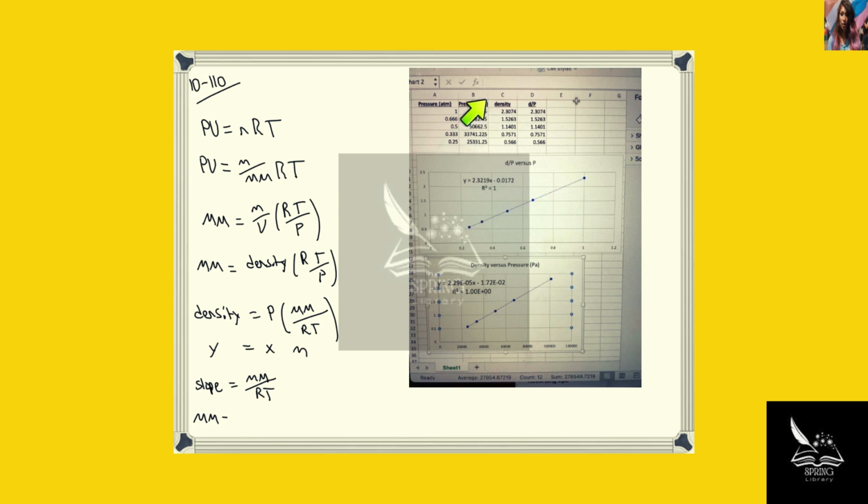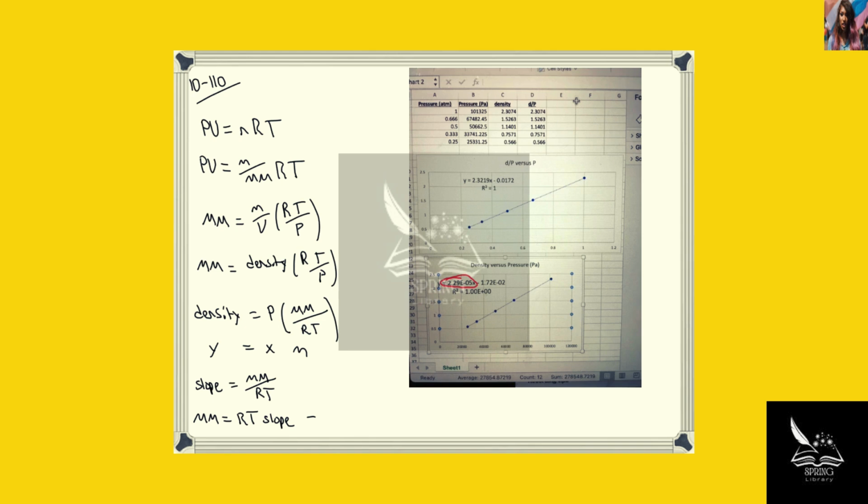And then I plotted the density as a function of pressure. And that's what I have down here. And you'll notice that this is my slope, 2.29 times 10 to the negative 5.